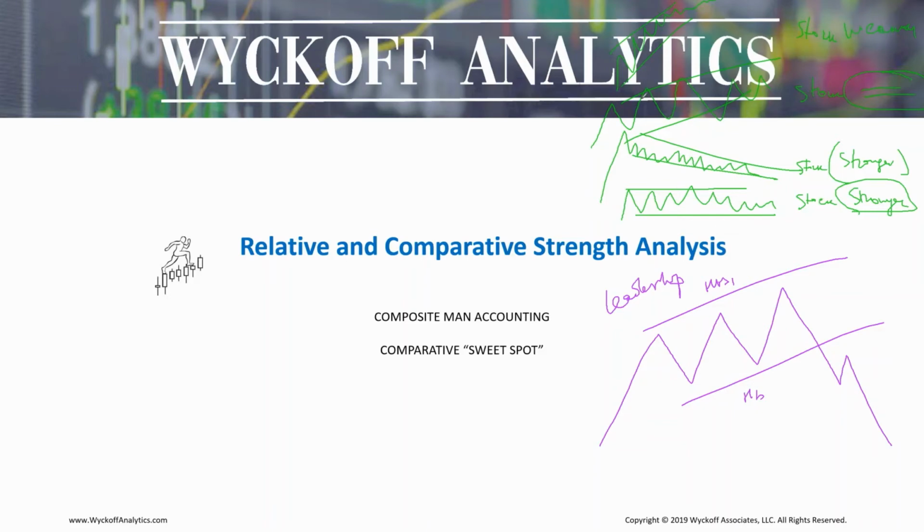Comparative analysis is going to be useful here defining the distribution, because usually you're going to be having a lot of troubles with the higher highs, higher lows in the distribution. It's going to look like a reaccumulation.